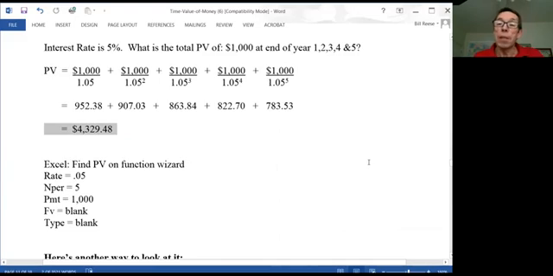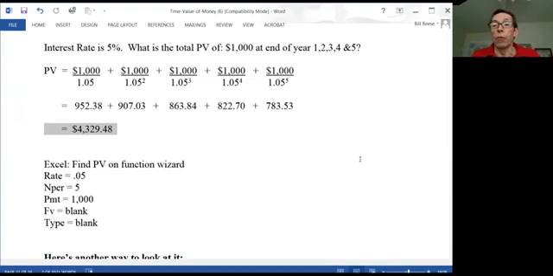So the PMT function or payment function in Excel means that we have the same amount of money each one of those compounding periods. Now, if one of these was $900 or $1,100 or $2,000, you can't use it. The payment function in Excel only works when you have the exact same number of dollars each one of those compounding periods.